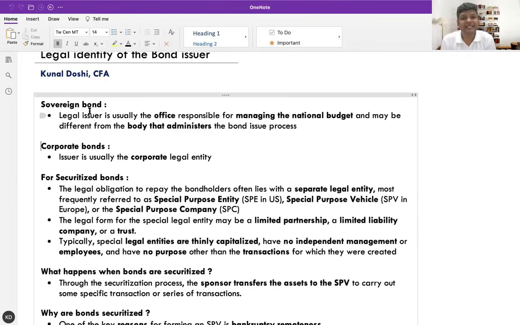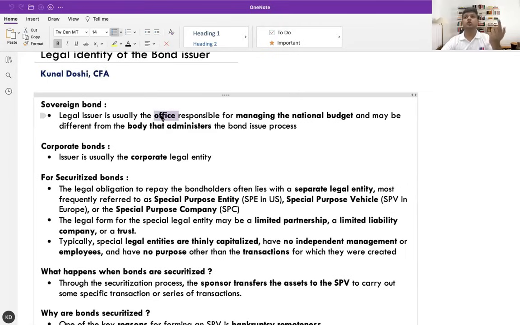It's actually the finance ministry. It's actually those who sit in the finance office, right? That finance department of your country is going to be handling the bond issue for the sovereign bonds, isn't it? So the legal issuer is usually the office responsible for the national budget management, or the one who administers the bond issue.